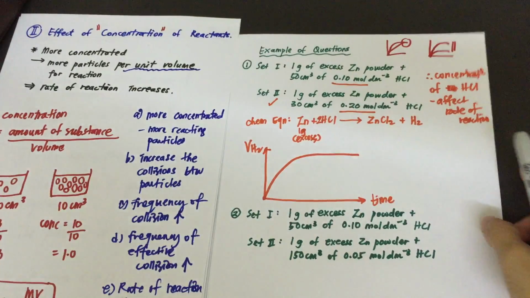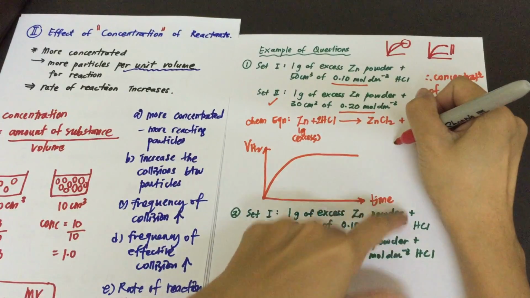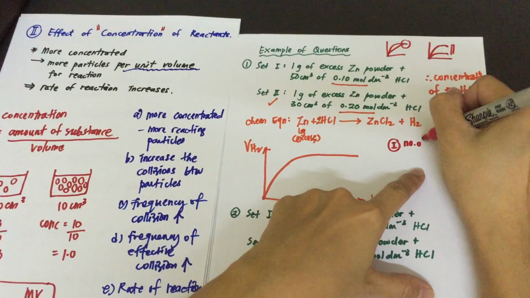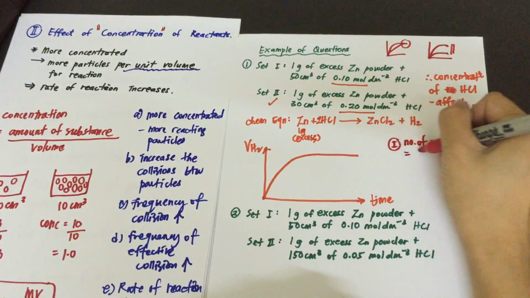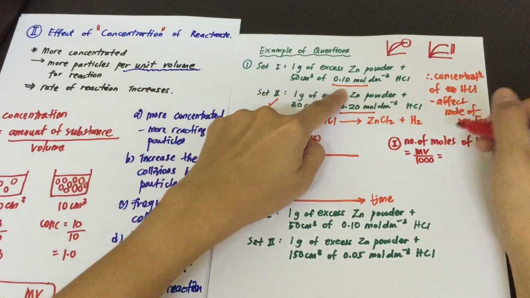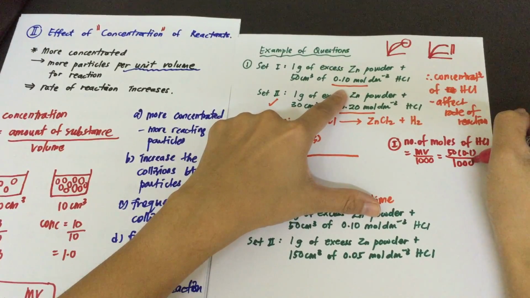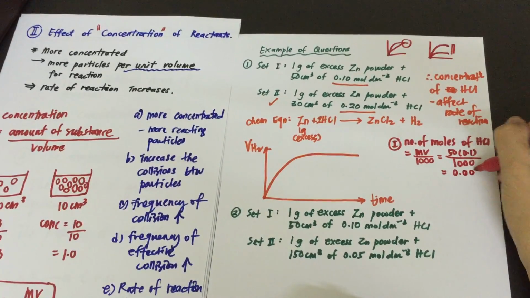So back to this example again. Okay, so we have 2 sets here. So we calculate set 1. Number of moles of HCl equals MV over 1000 and equals 50 multiplied by 0.1 divided by 1000, which is 0.005.